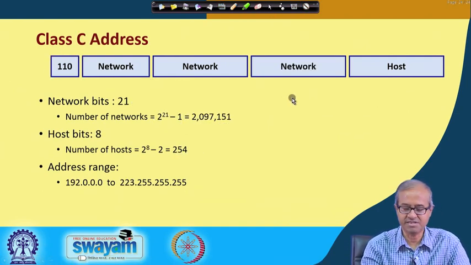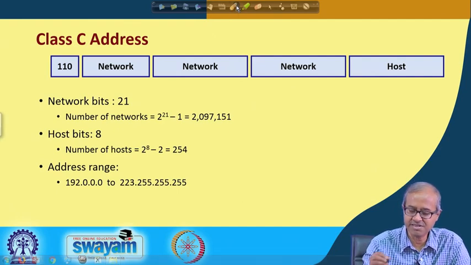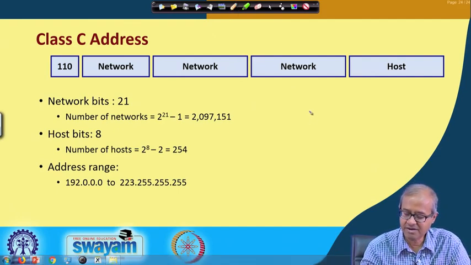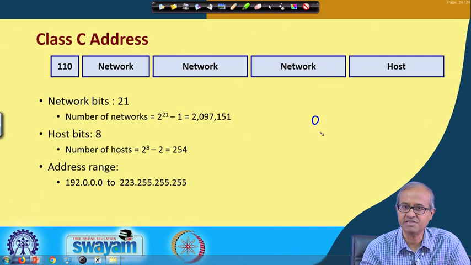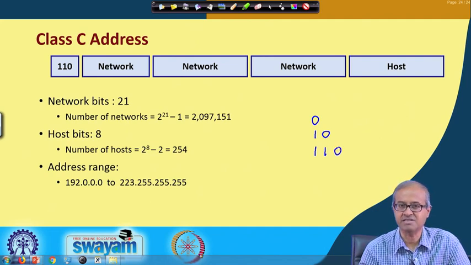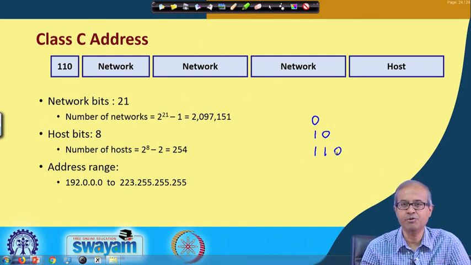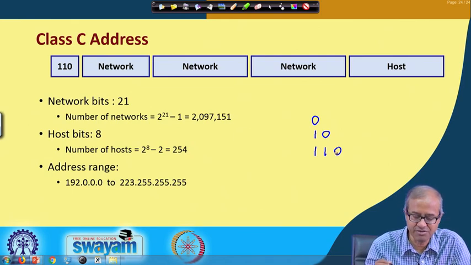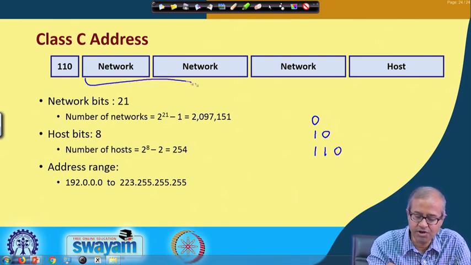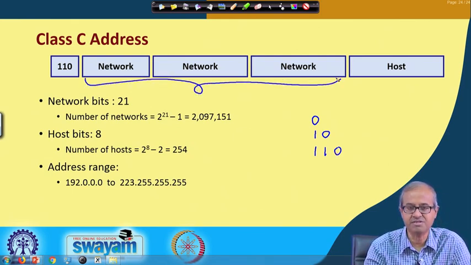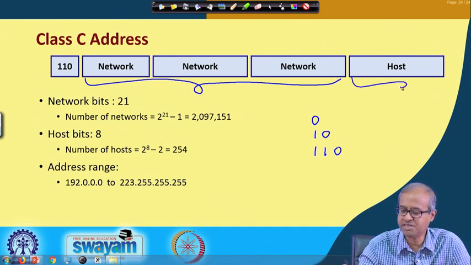Similarly, let us look at class C. For class C, anything starting with 0 is class A, starting with 10 is class B, starting with 110 is class C. So, you see there is some kind of uniqueness: just by looking at the first few bits, you will be able to identify which address class it is. Now, in class C you are using 21 bits for networks and only 8 bits for the host.